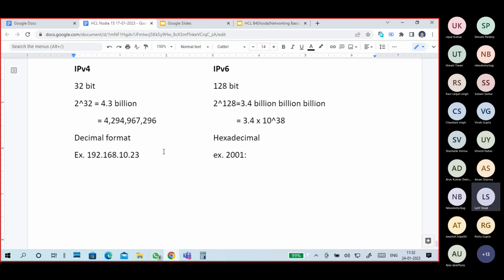It will never look like this one, so there are a lot of differences. Here it is 201. One, two, three, four completed. Total 8 is there. 5, 6, 7, 8.